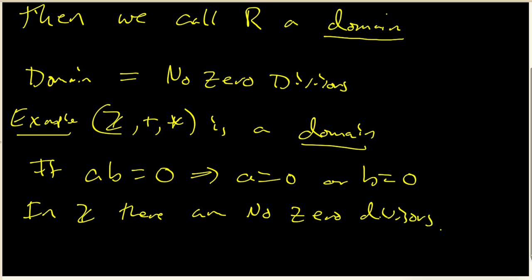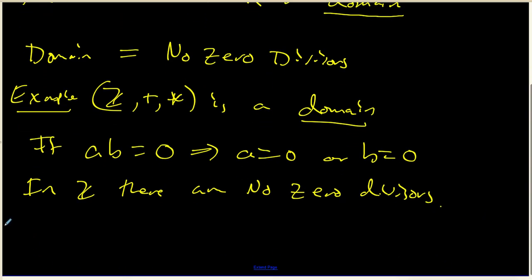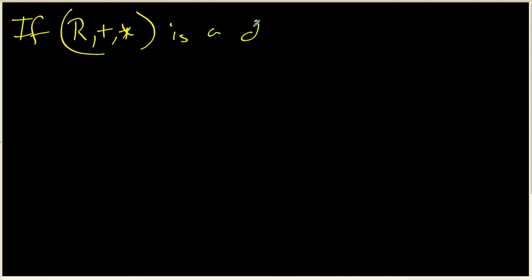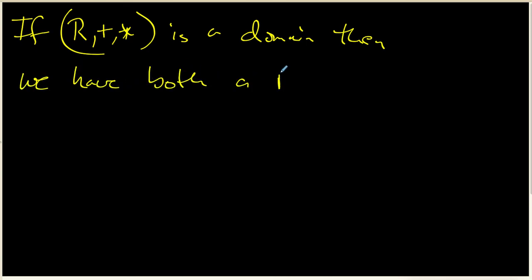And so to finally wrap things up, I want to restate the important result that we have shown. If R under its arithmetic is a domain, then we have both a right and a left cancellation law.